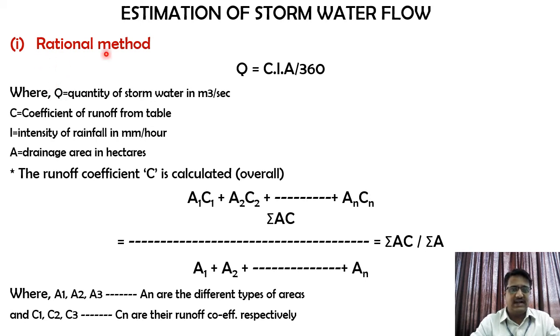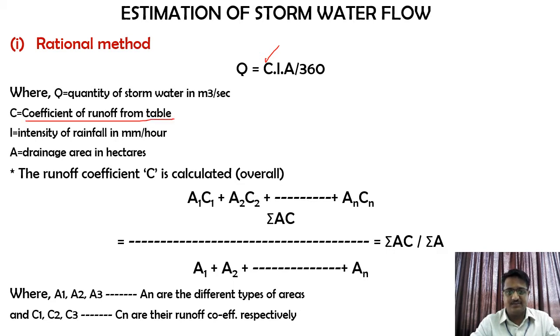Okay, so the rational method. Here the formula is Q equals C into I into A divided by 360, where Q is the runoff or discharge. What do you mean by this? Let us go bit by bit. C is the coefficient of runoff.